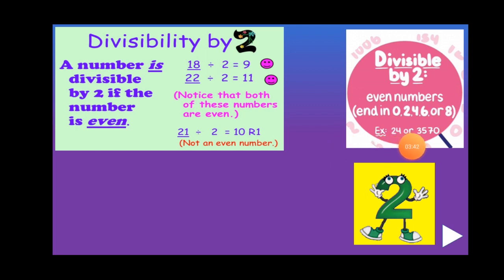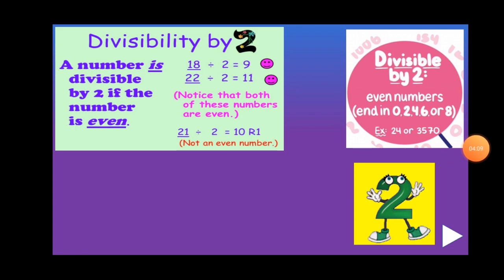You can see here the examples, that is 24. The digit at its ones place is 4. So, this number 24 will be divisible by 2. Another number is 3570. Its ones place digit is 0, so it will also be divisible by 2.